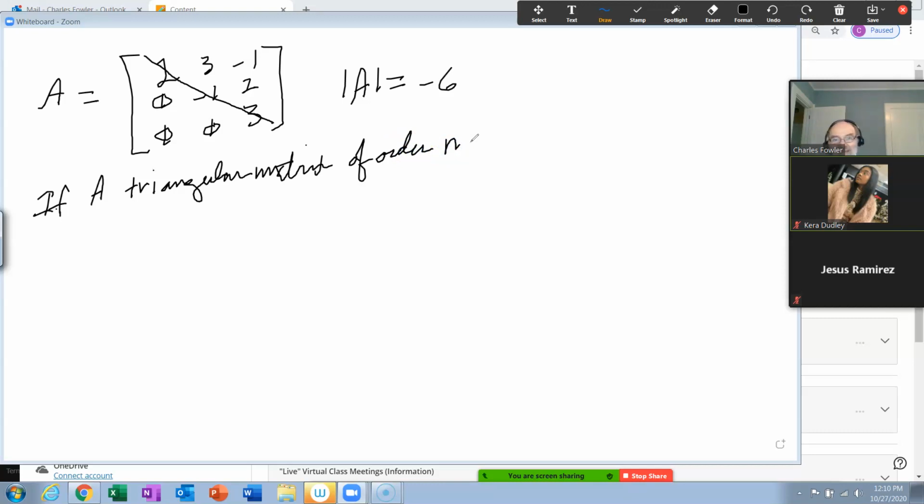You can't have a rectangular triangular matrix. It has to be a square matrix of order n. Then that implies its determinant is the product of the entries in the main diagonal.